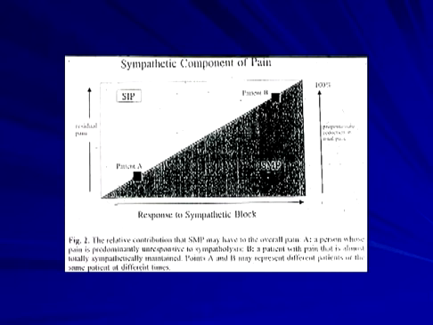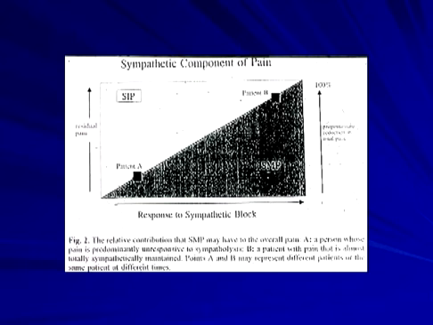And those who have sympathetically maintained pain, patient B, would respond and be more in this category. Now, the other thing to realize is that patients can move back and forth between sympathetically maintained and sympathetically independent pain. You can do sympathetic blocks on some patients, and they do pretty well, and they come back, they get another block, but then the blocks don't work.